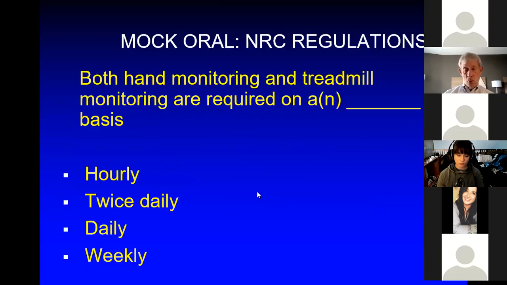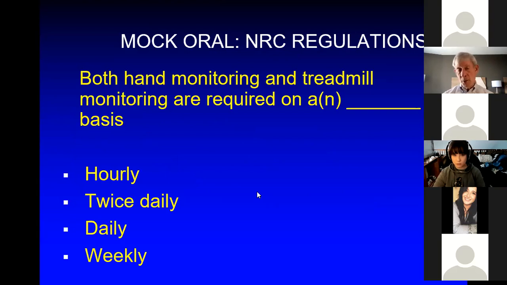Now, these two, again, have nothing to do with each other, but they have the same answer to this question. Hand monitoring, all technologists monitor their hands, sometimes frequently. Treadmill monitoring, what is required? How often must they be monitored? Daily.